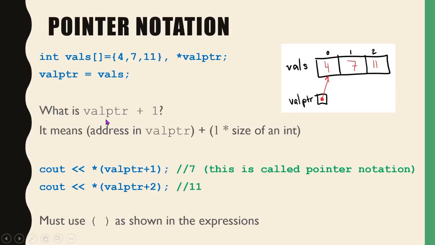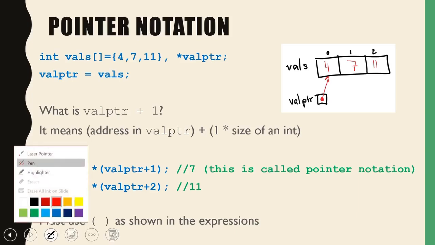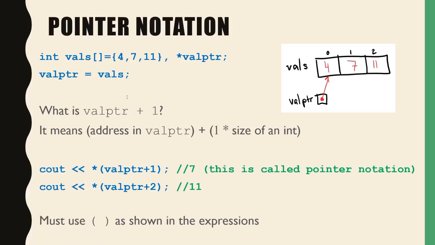Okay, so val pointer is a pointer. It holds a memory address, right? If this is a memory address, and let's say the memory address is 4A00 again.